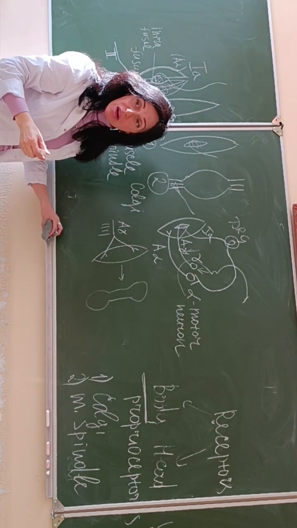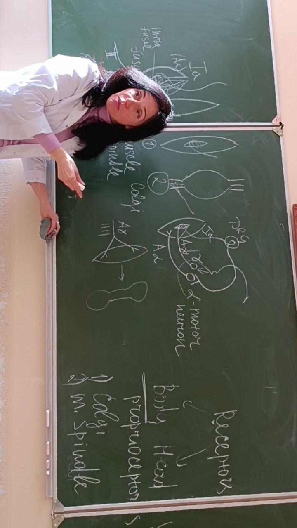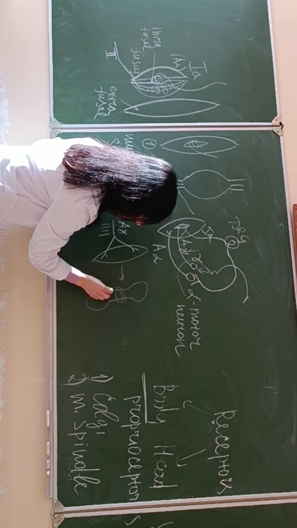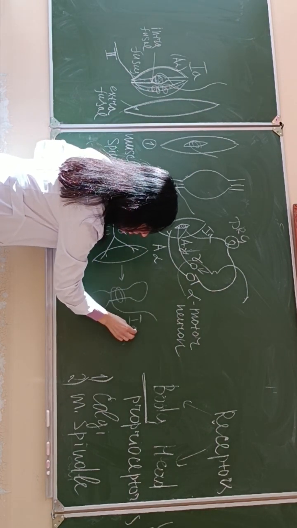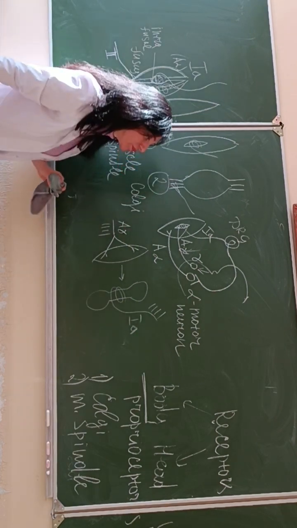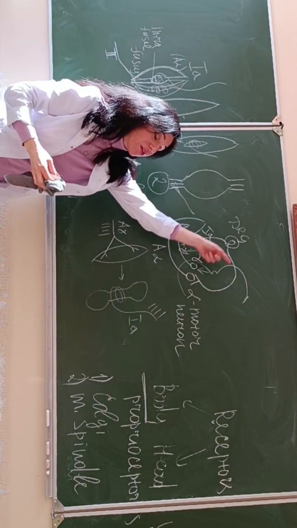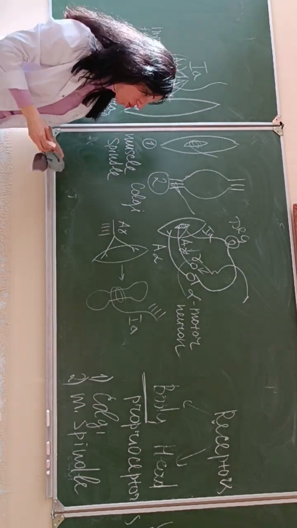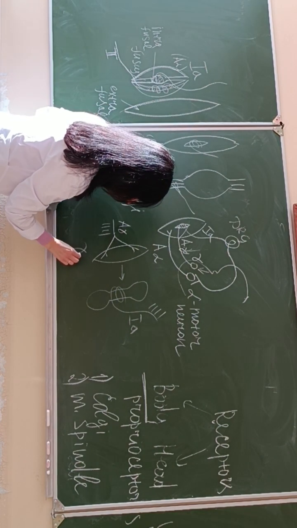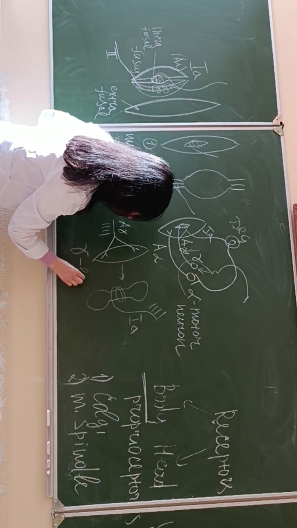Shortening of distal parts stretches the central part, and primary A becomes excited. It's called the gamma loop.